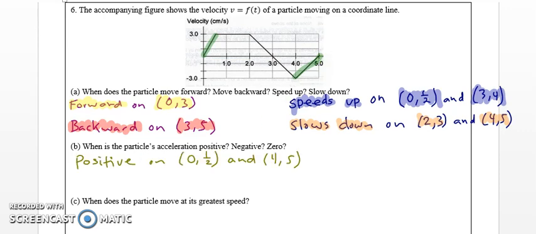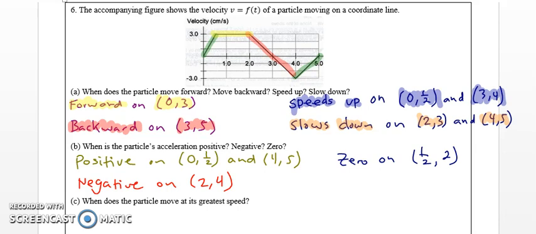And if we're looking for acceleration being negative, we're looking for the slope that's negative, which is that interval. And then finally, acceleration is 0 when the derivative is 0, so it's that interval. And that answers part B.